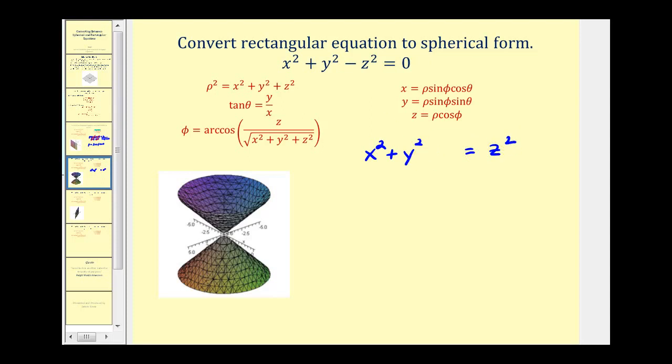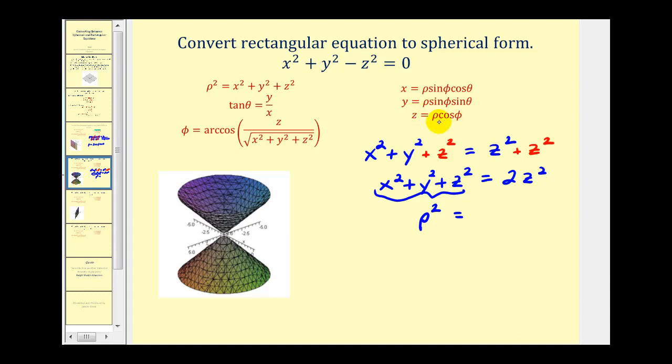And now if we add z squared to both sides, we would have x squared plus y squared plus z squared equals 2z squared. And that's helpful because now we can replace the left side with rho squared. And now we only have to deal with this z squared.